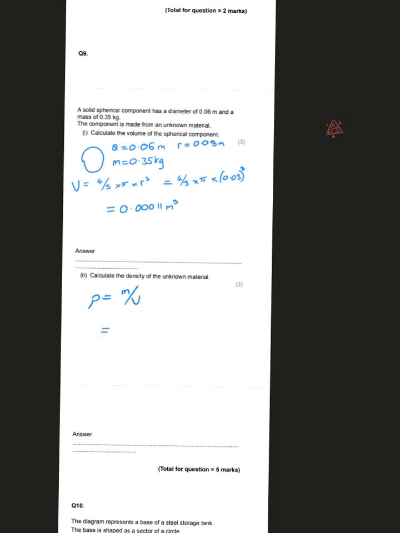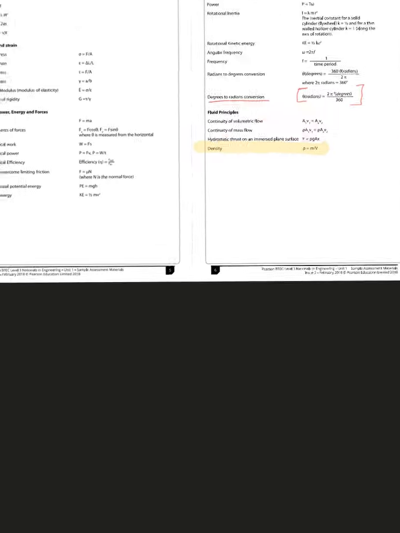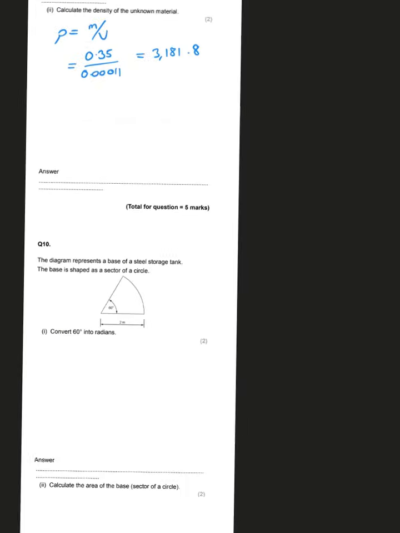We know the mass of the object, 0.35 all over 0.00011. Plug it in, equals 3181.8. Okay. And that formula was given to us in the book. So on to question 10.